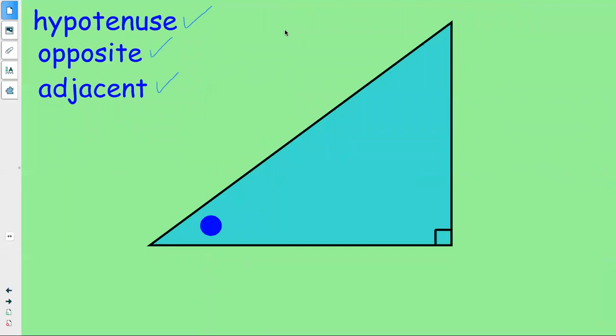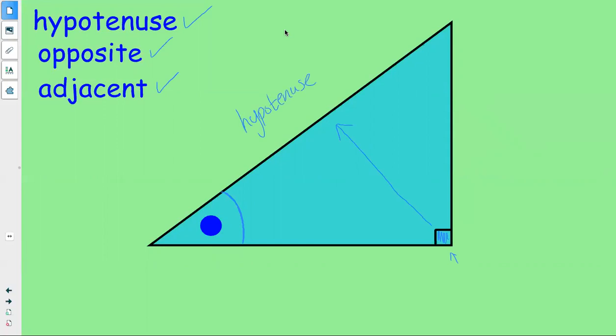So let's consider this is the angle that we have been given. From Pythagoras, you should know across from the right angle is the longest side, and that longest side is called the hypotenuse.